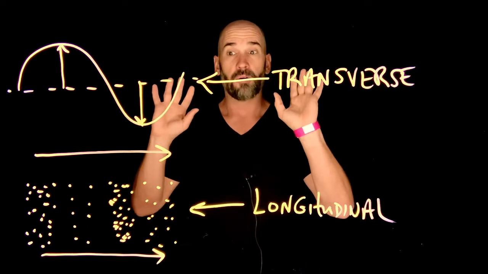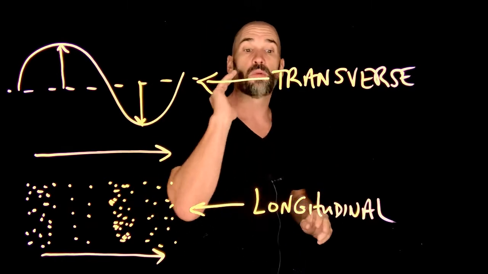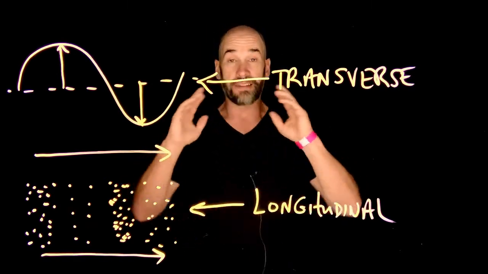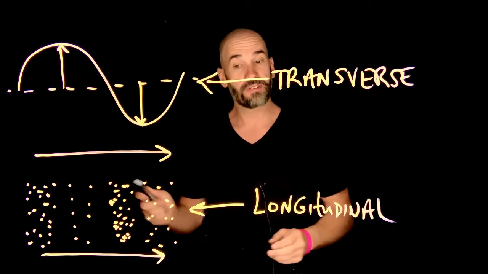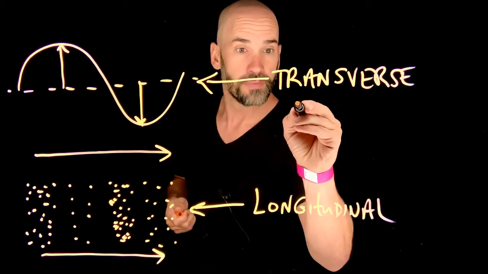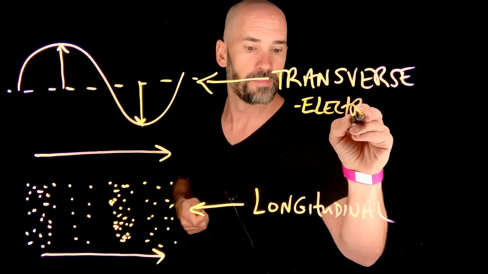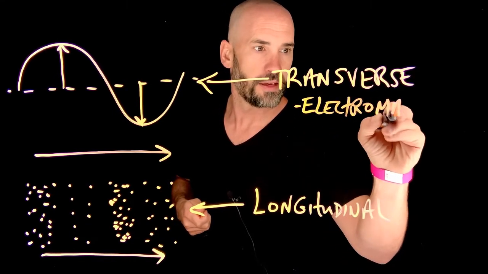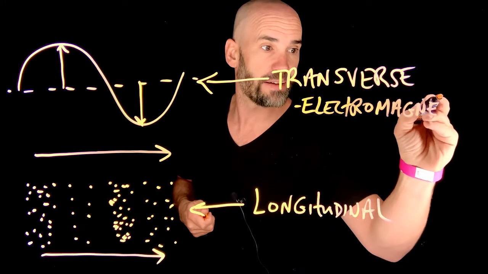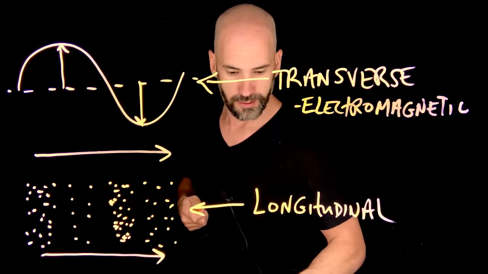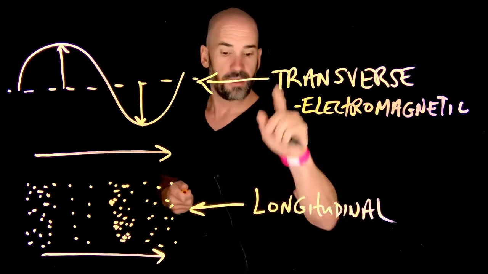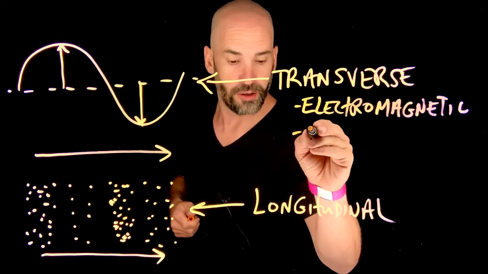Now, where do we see transverse waves and where do we see longitudinal waves in the real world? Well, transverse waves are electromagnetic waves. In fact, you can see this in the slide that I have here. There are electromagnetic waves. There are ocean waves.